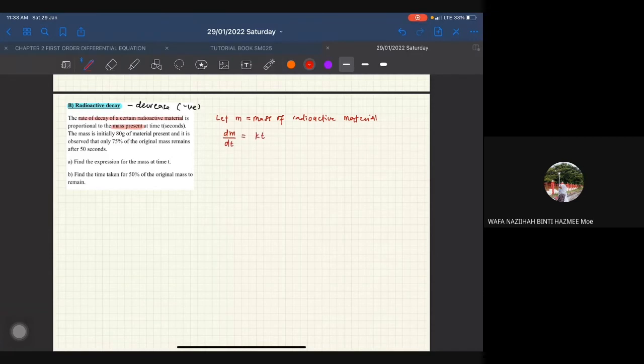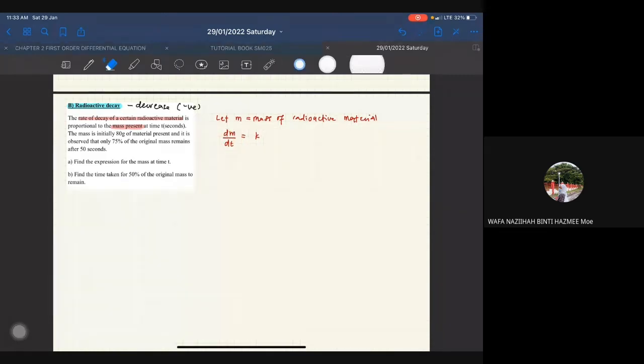Information yang saya boleh dapatkan from this one is actually dM/dt is equal to kt. Okay, so apa maksud proportional dekat situ? Dia nak cakap rate of decay of a certain radioactive material ni dia berubah mengikut, sorry, it's not time, it's mass. Dia berubah ikut mass, berat radioaktif tu.